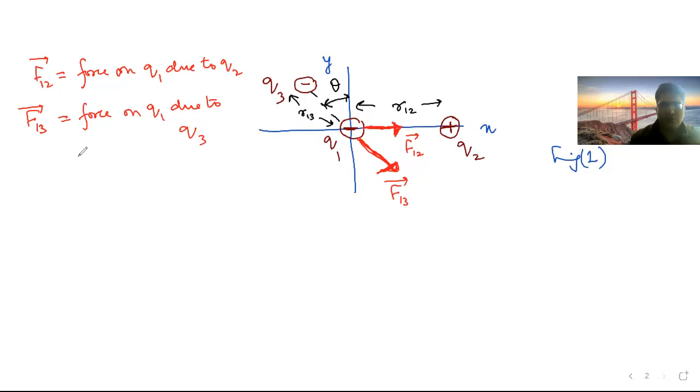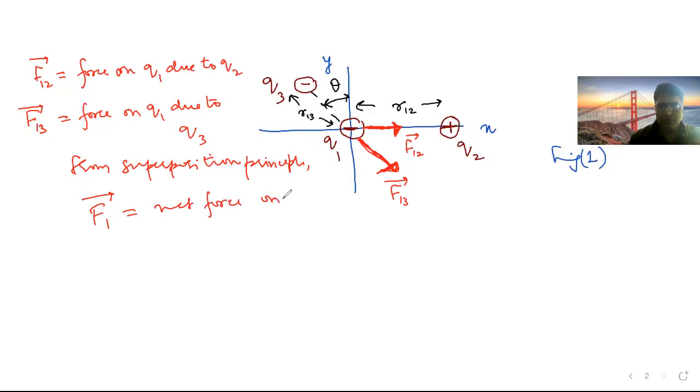You know, from superposition principle, if F1 is net force on Q1, then F1 will be the vector sum of F12 and F13.